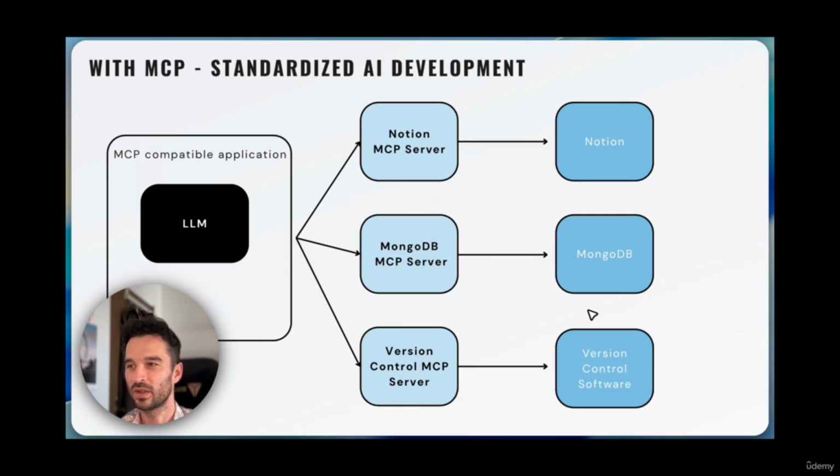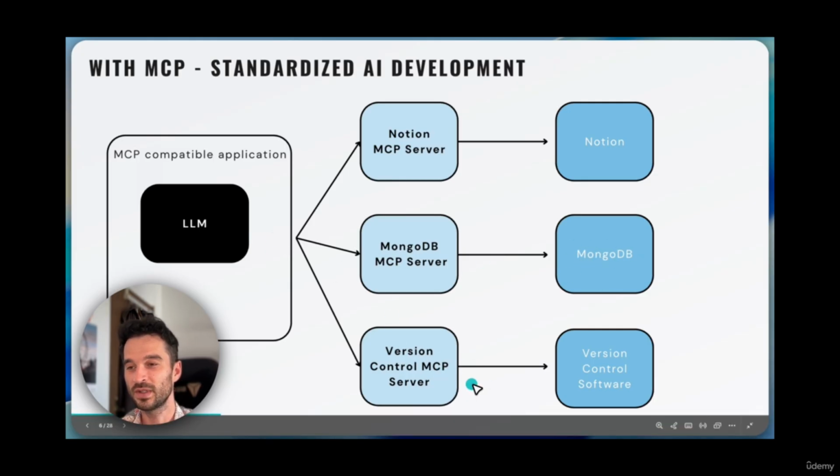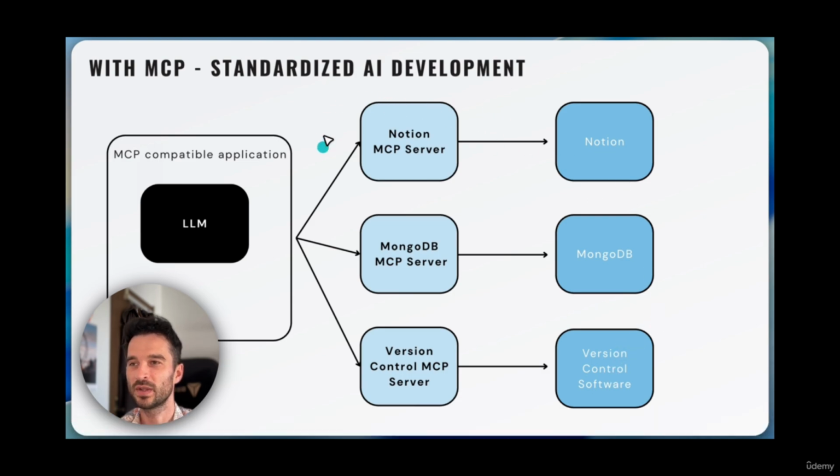Let's have a look here where we have an MCP compatible application, and then we use the Notion MCP server to get the Notion data. We use our MongoDB MCP server to also get some data from MongoDB, and then we have a dedicated MCP server for our version control. What's really nice here is you see we have a separation of concerns.